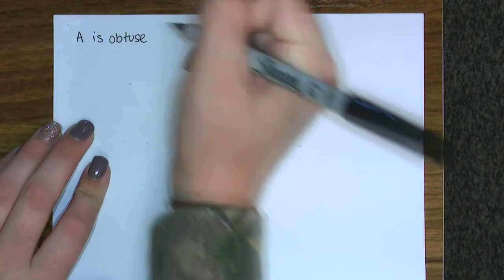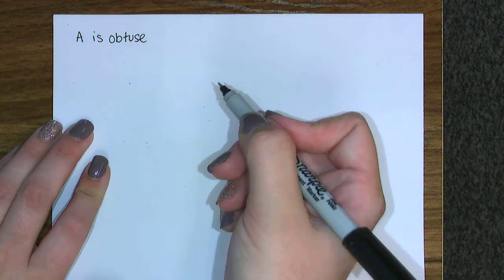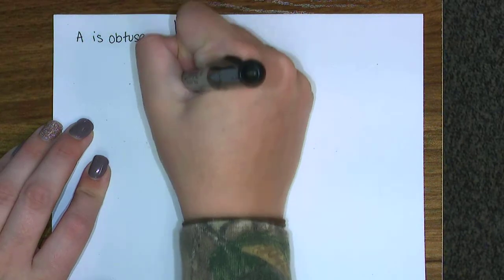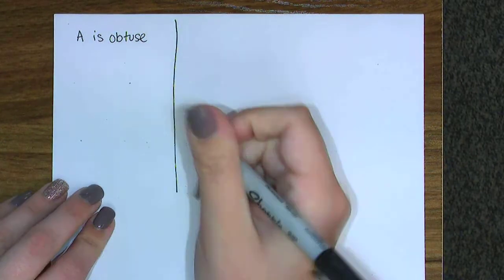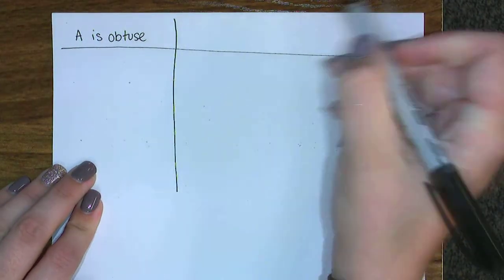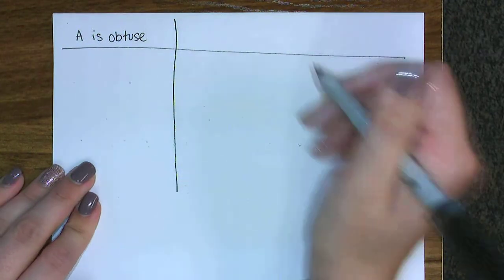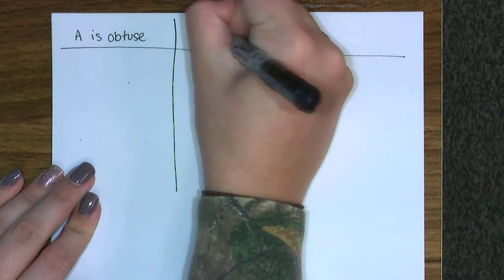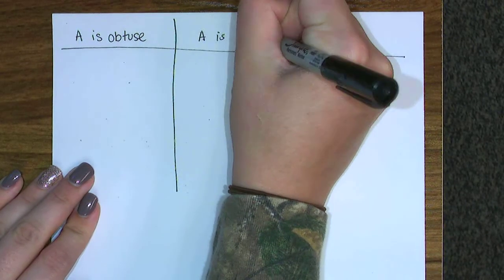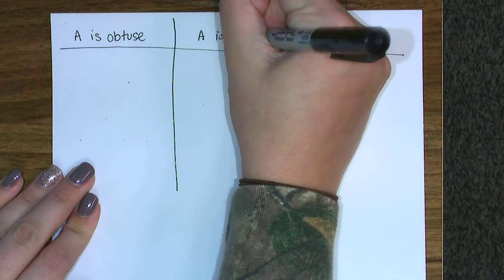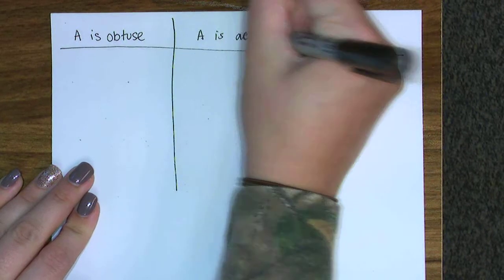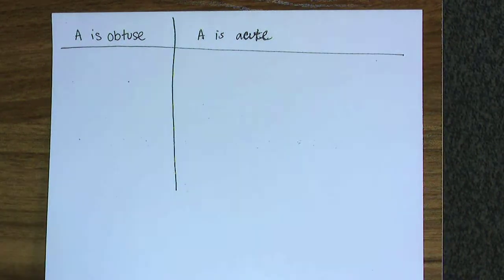And that's going to be one column, and there's going to be two within this. And then over here we're going to have four options, and this is going to be when A is acute. Okay, so when A is acute, we have the four options there. So let's start with this obtuse side, get these ones out of the way.